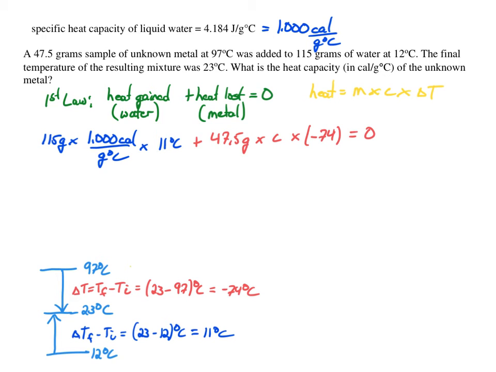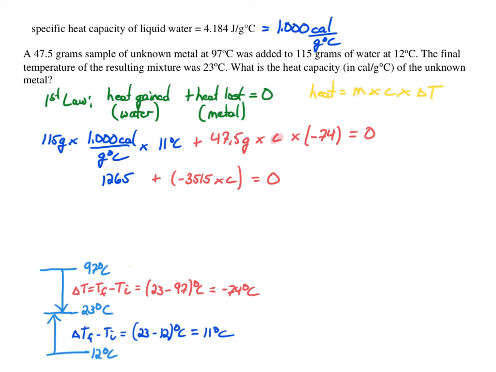Now when I do the math, I'm just going to ignore units so that it looks clearer. All right, this first term becomes 1265 when we do the math. The next term becomes a negative 3515 times C to get to 0.